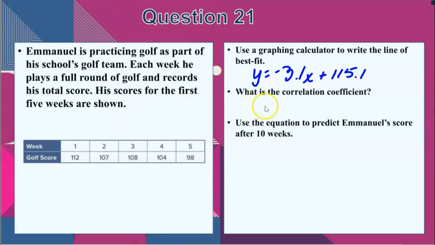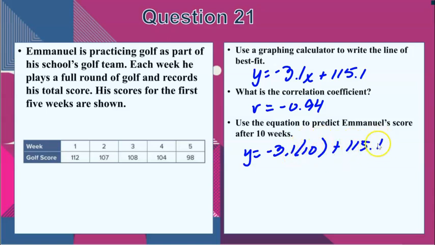So our r is roughly negative 0.94. Now we're going to use the equation to determine what Emmanuel's score would be after 10 weeks. So x would be the number of weeks. So I would have y equals negative 3.1 times 10 plus 115.1.